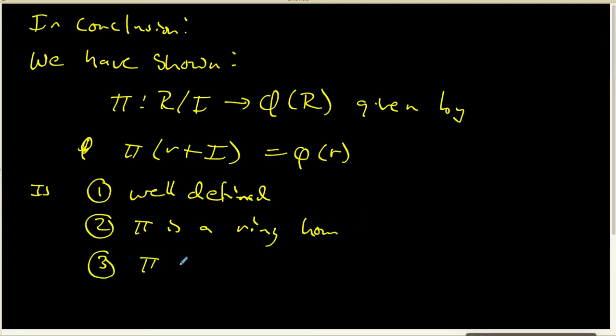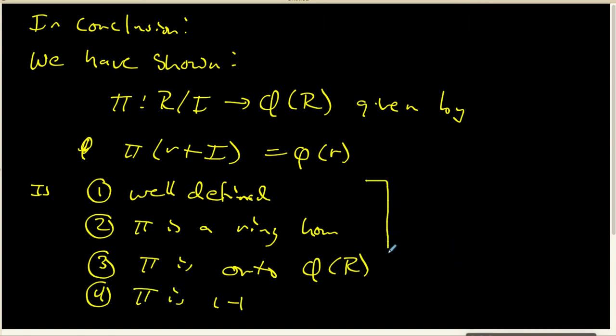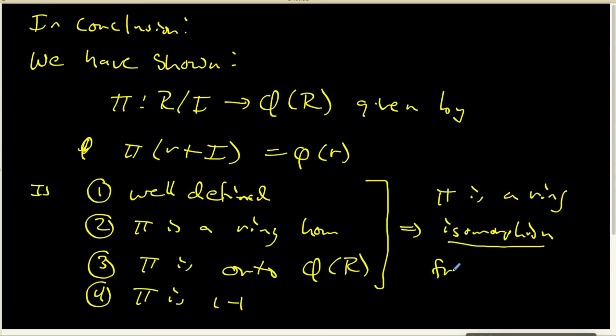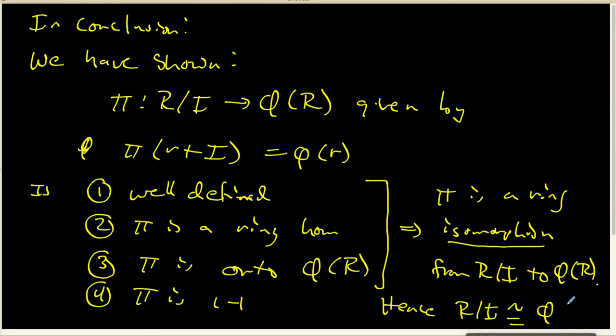Third, pi is onto phi of R. Fourth, pi is 1-to-1. Well, all of this says that pi is a ring isomorphism from the quotient ring R mod I to the image of phi. And that's enough to say that R mod I is isomorphic to the image of phi. And that completes the proof of the first isomorphism theorem.